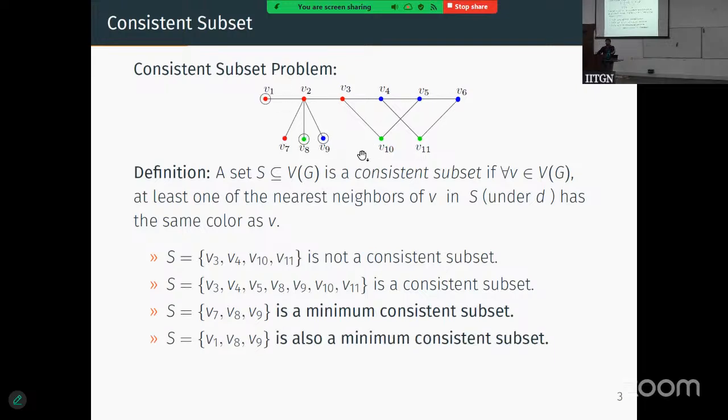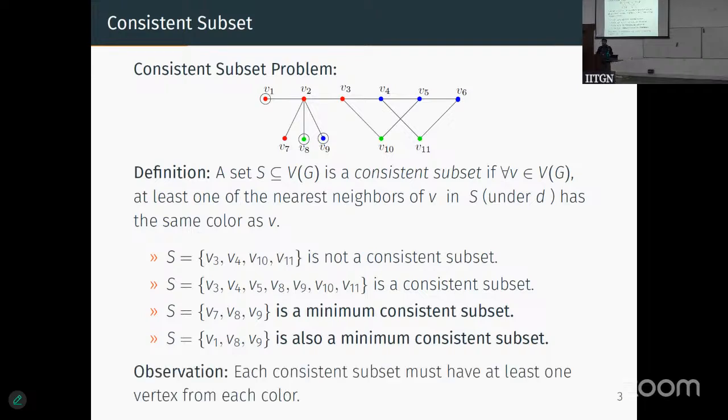This is also a consistent subset, but the minimum consistent subset is not the input. A consistent subset must have the same color.